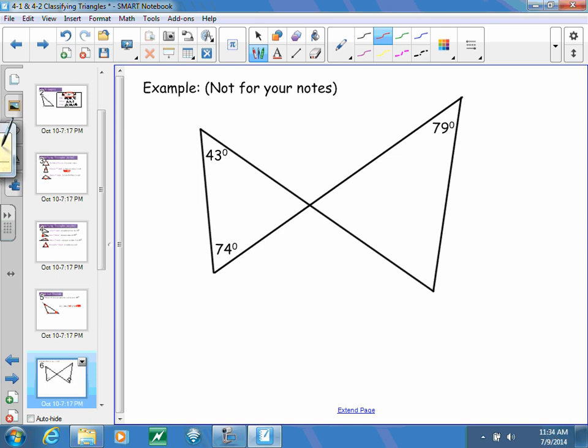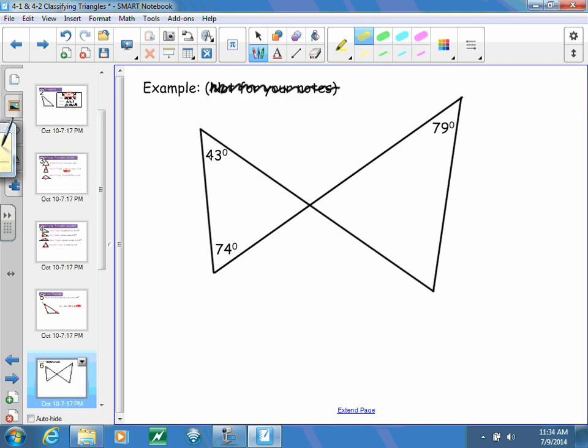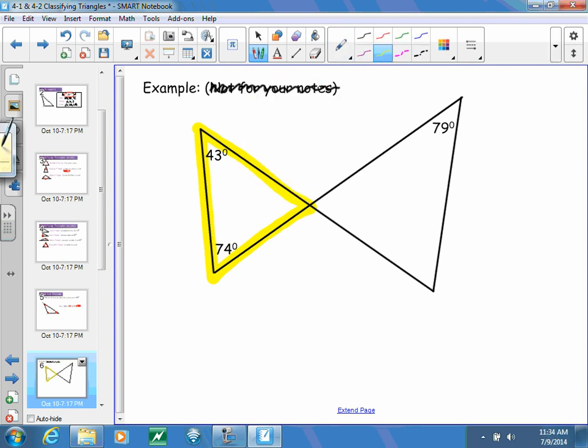So if I go to this example, which you may put in your notes if you want to, we'll notice here that I have two triangles. And of these two triangles, if I wanted to find the other missing angles, we could do a couple different things. And to do so, I would probably start with this one triangle. I have two of those angles, and now I need to find the third angle.